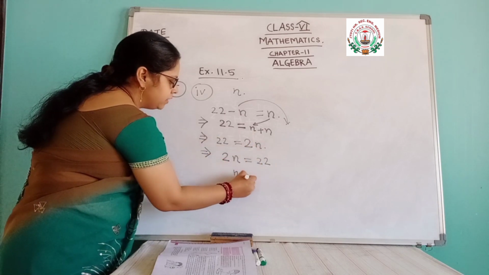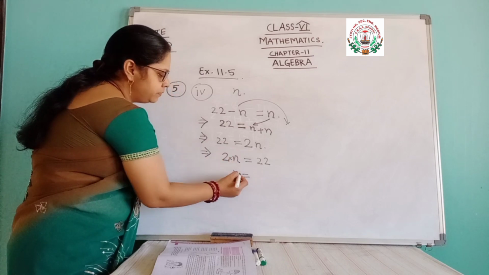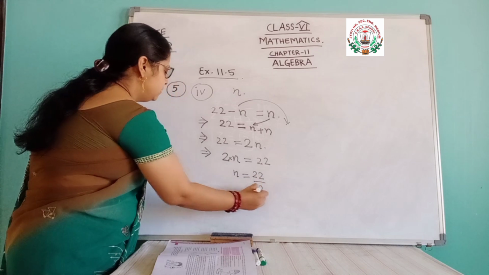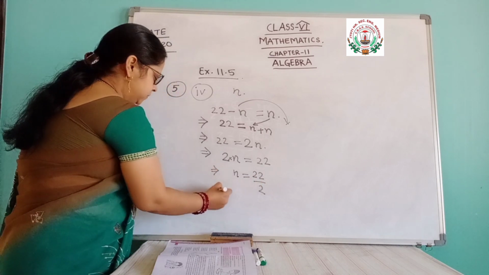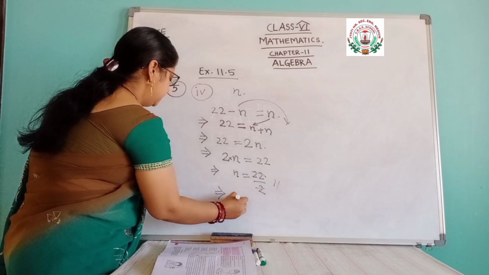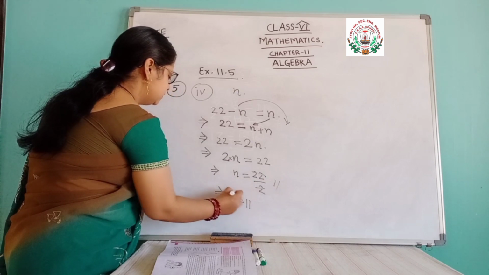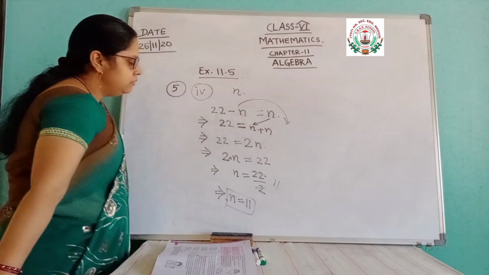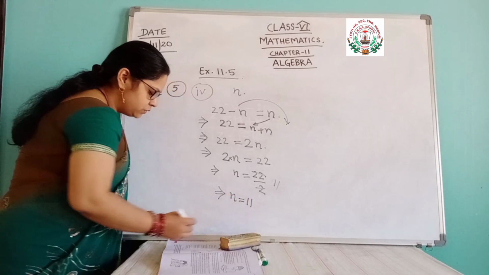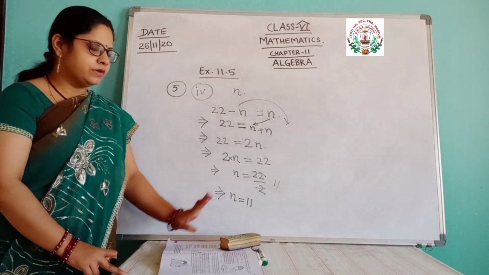Now keep n here. Here nothing is there, meaning it is multiplication, so it will go to the other side in divide form. Equals 11. So that number is 11.